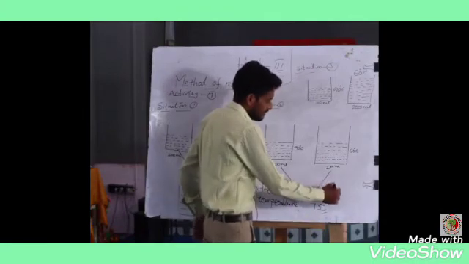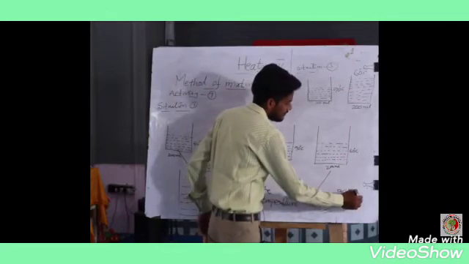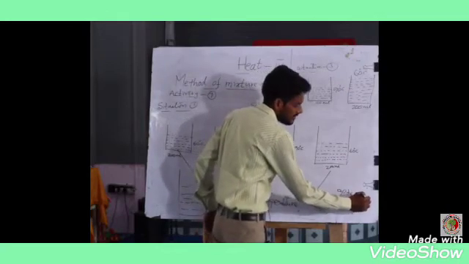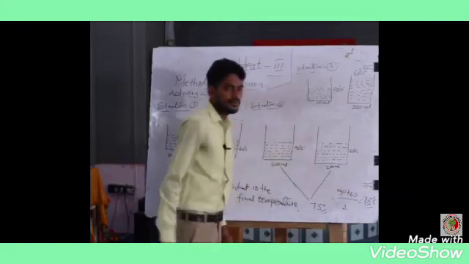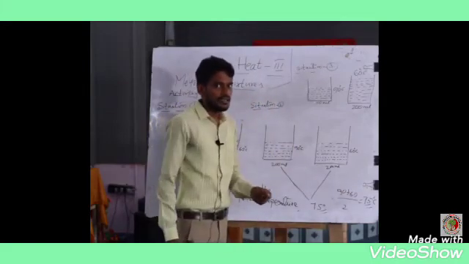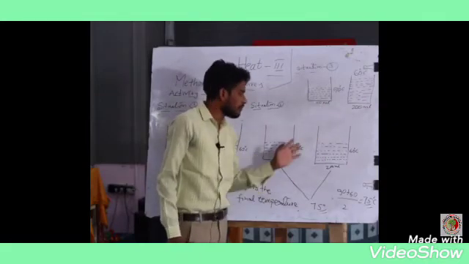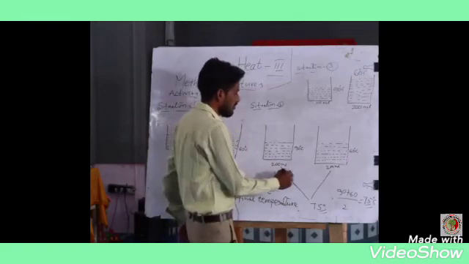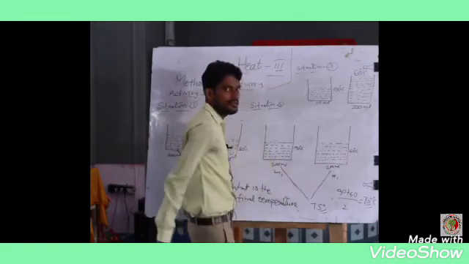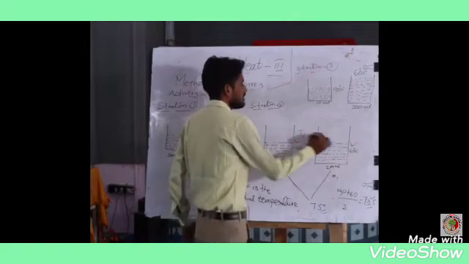Simply take (90 + 60) / 2, that means 75. Here you might have observed the volume is the same, that means the masses are the same, M, but the temperatures are different, that is T1, T2.